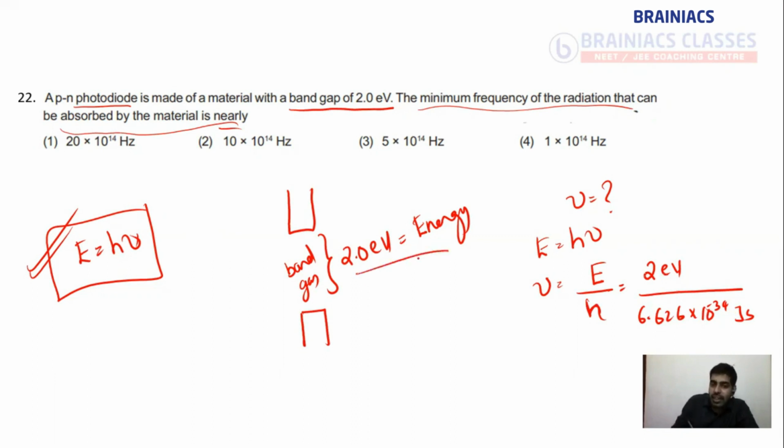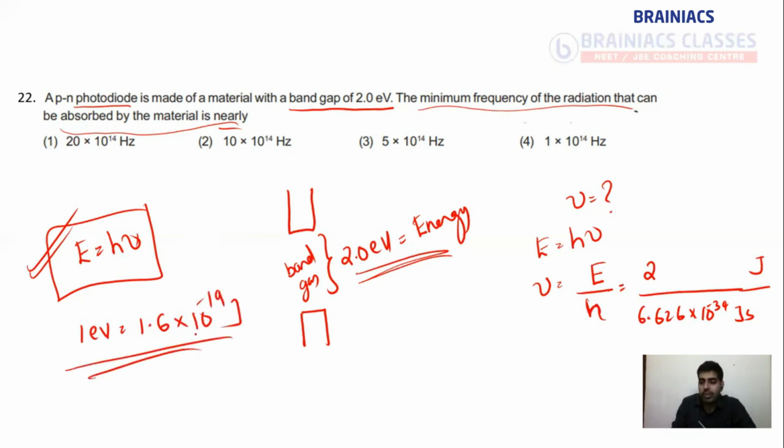But here energy is given in electron volt, so you have to convert this electron volt to joules. Now you know that 1 electron volt is equal to 1.6 into 10 raised to minus 19 joules. So 2 electron volt means 2 into 1.6 into 10 raised to minus 19 joules.